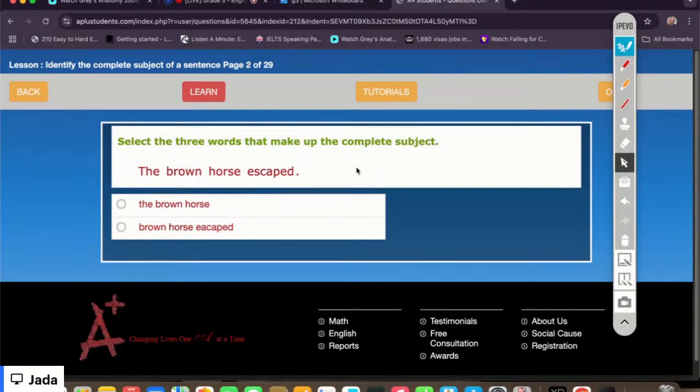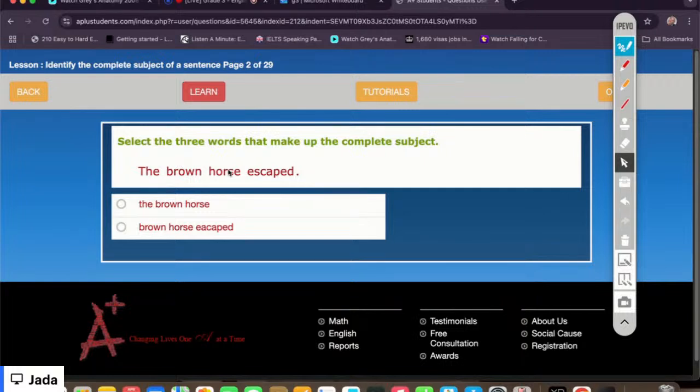So, the brown horse escaped. Three words make up the complete subject. What are the three words here? Can you clarify your question again, David?